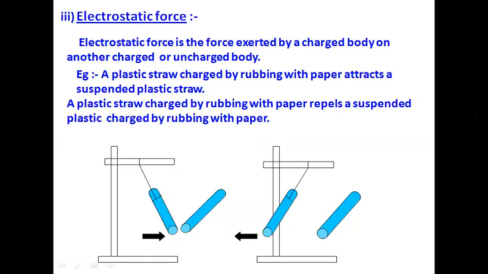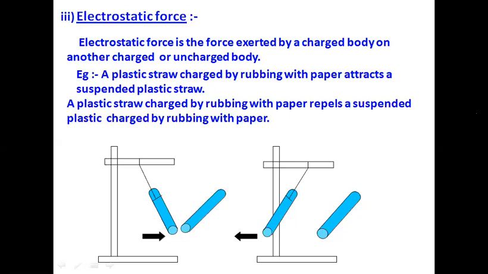Next are the electrostatic forces. Electrostatic forces are the forces of attraction or repulsion experienced by a charged body from another charged body or uncharged body. As we know, like charges always repel or push each other away, and opposite charges always attract or pull each other towards themselves. So there is always some electrostatic force present between two charged bodies or one charged and one uncharged body.